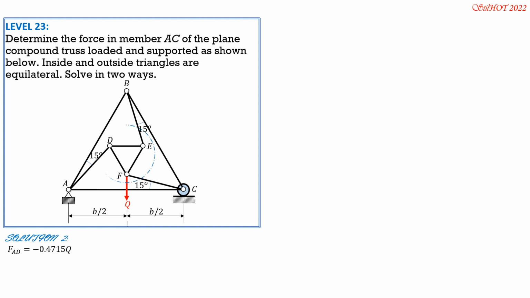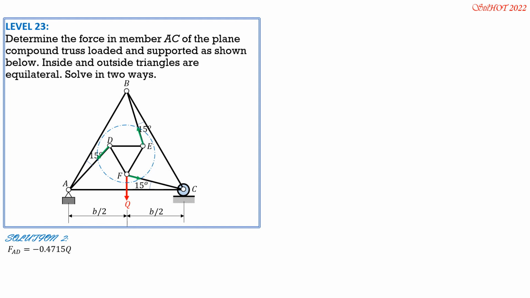The sectioning would be this, circular. You can have circular section. There's no limit as long as you can solve the problem by method of sections. So the forces involved are FAD, FBE, and FCF.